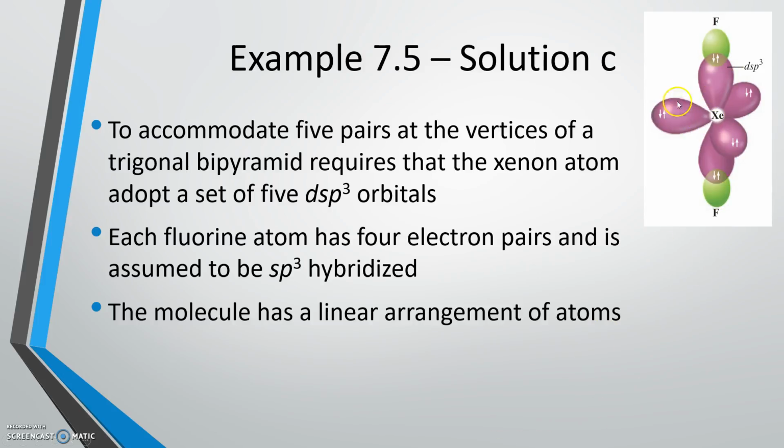Again, we can see that of the 5 dsp3 orbitals of xenon, these 2 are sharing electrons with the sp3 orbital of fluorine, and then these 3 dsp3s have lone pairs, and again, although we can't see them, the 3 sp3 orbitals of fluorine also hold lone pairs.